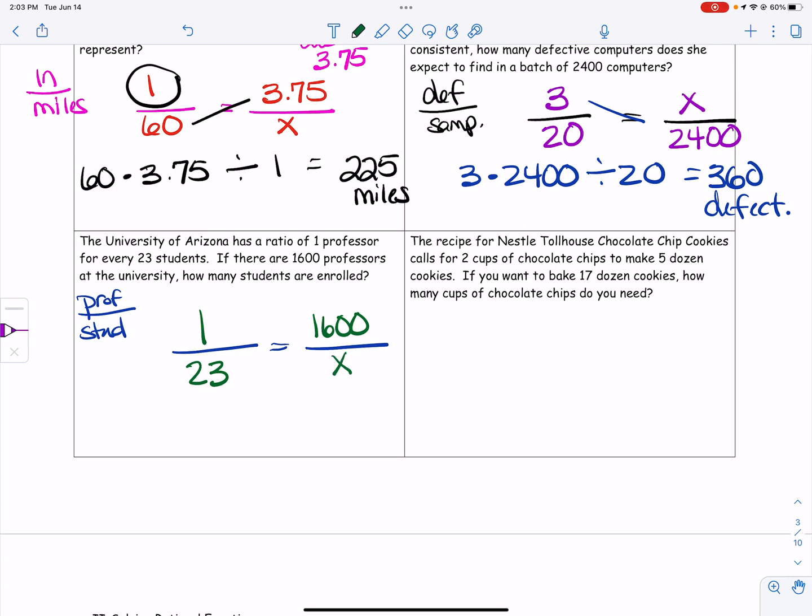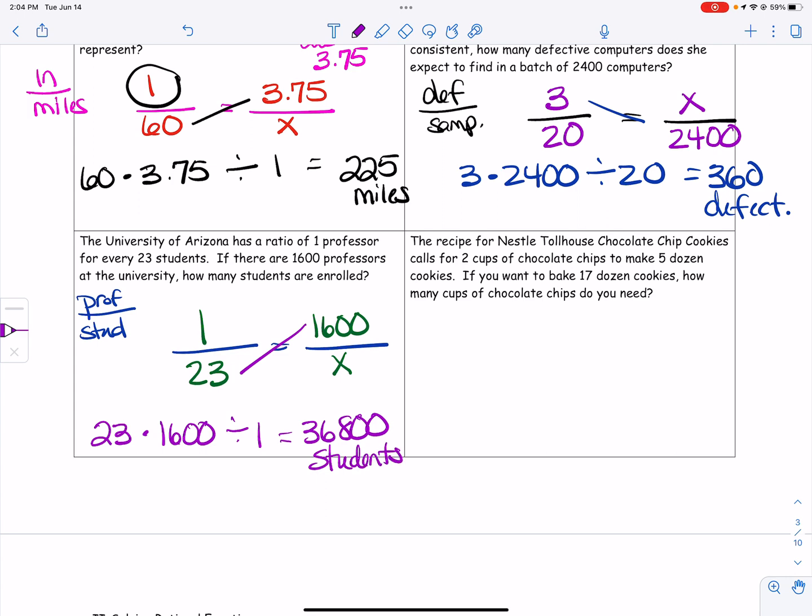So again, I am going to multiply 23 times 1,600 and divide by 1, which I don't really have to do. And I'm going to get 36,800 students. Okay? All right.